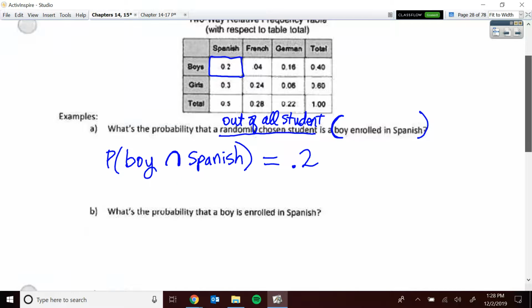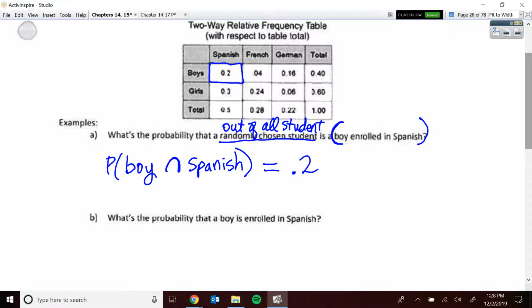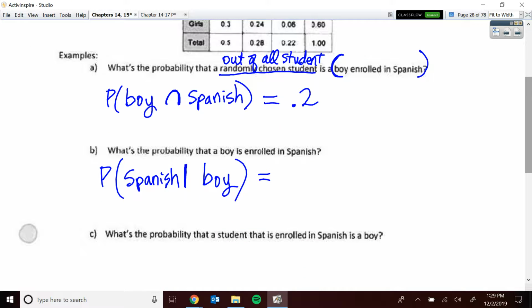So that is saying this. What's the probability, given that this is a fact I know, you are a boy. Given that you are a boy, what's the probability that you're a boy in Spanish? See? So that's how this is different.